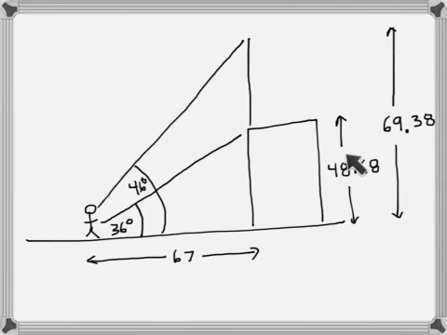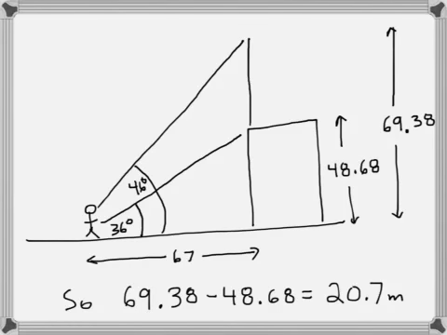And so we want the height of the radio tower in this problem, so all we would have to do to get that is just subtract 48.68 from 69.38, and that will give us this distance right here, which is the height of the radio antenna.